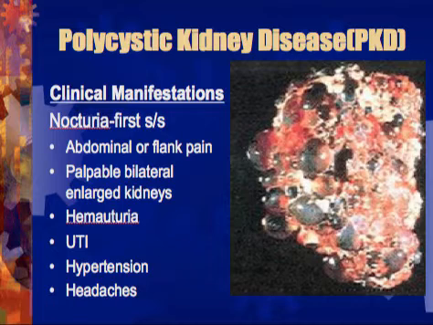So on this slide you see some of the clinical manifestations of polycystic kidney disease. Nocturia could be one of the first signs and symptoms, and if you're not aware, one of the first symptoms of kidney disease overall is usually fatigue. But nocturia is mentioned here on the slide. Pain in the kidneys or in the abdominal or flank area.